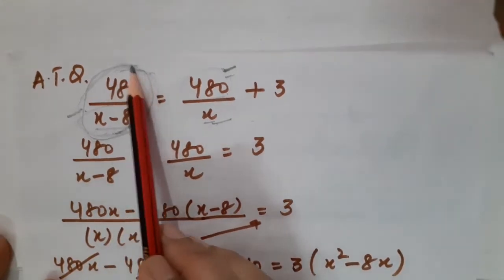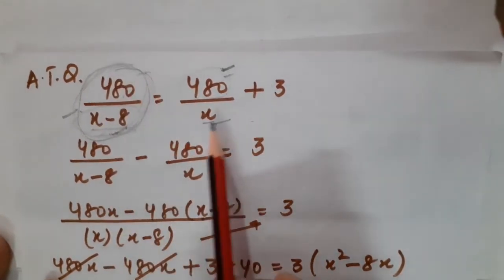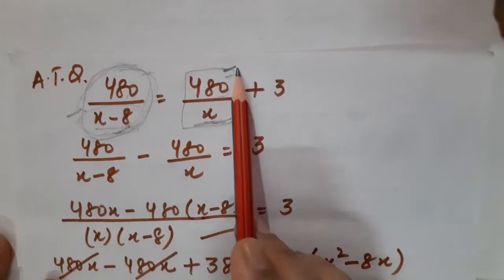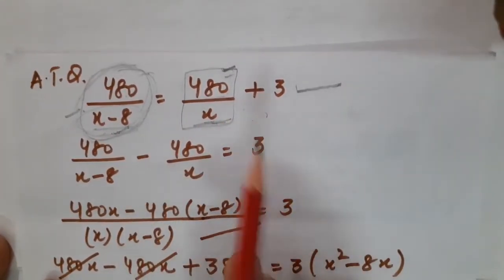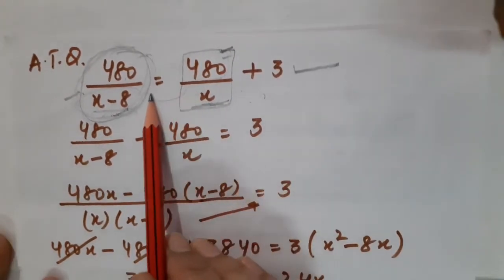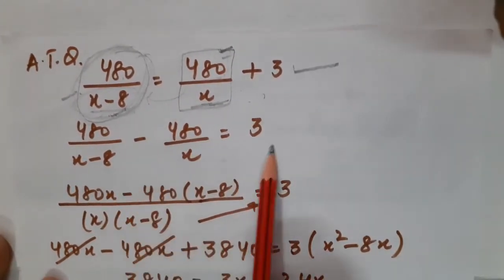Fine. So this is 3 hours more. So definitely in another expression I have to increase 3 hours so that both will be equal. Correct?